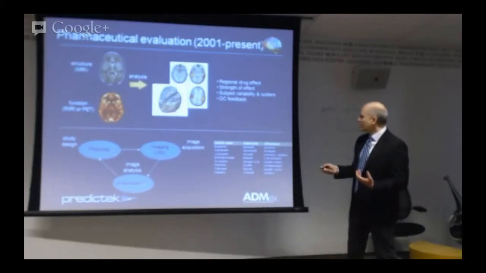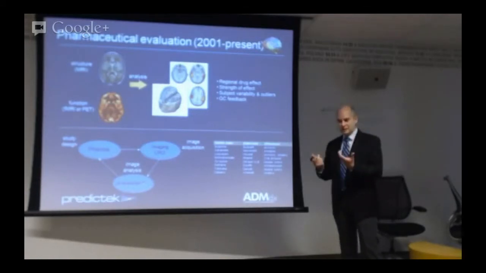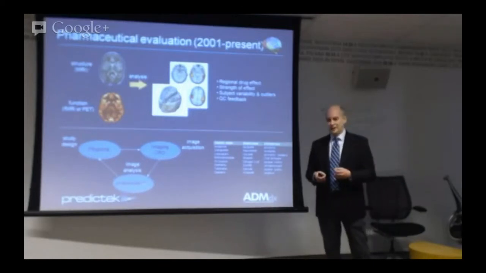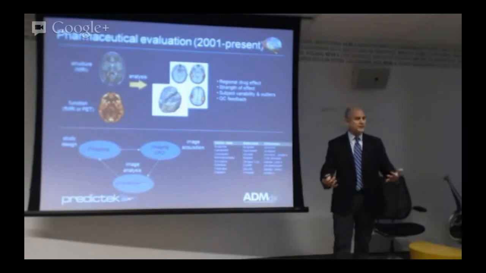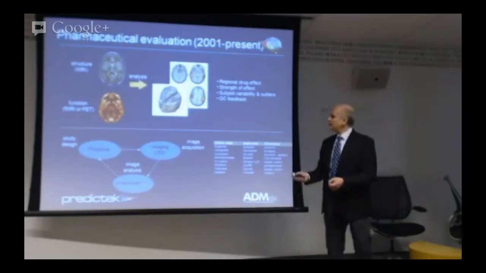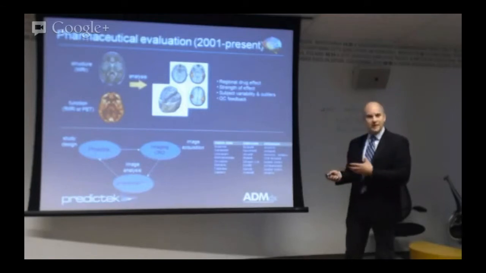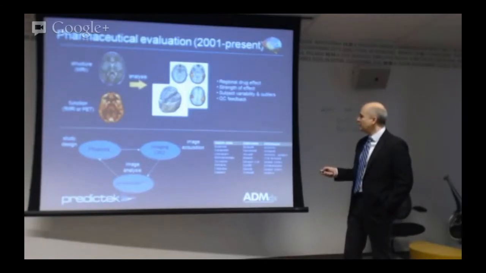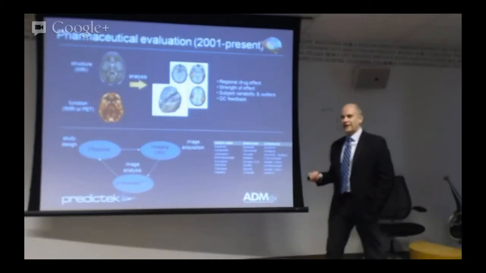And so the problem there is when drug companies are developing a new compound, the only way to tell if it's really working in the brain is to give it to a lot of people and wait and see if it works, right? But imaging is now playing a major role in this. And what you do is you take functional images of the brain and figure out which parts are being affected by the drug. And you can do this in a very small number of research subjects.